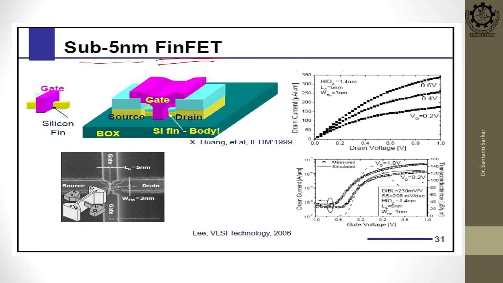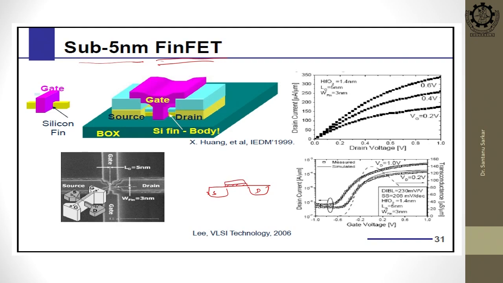To have better control, FinFET is a technology where you can see this source and this drain, and the channel is totally surrounded by the gate material. Can you see the difference from the MOSFET? In a MOSFET, this is your source, this is your drain, and your gate is on top of that.